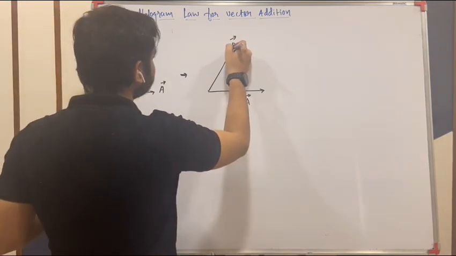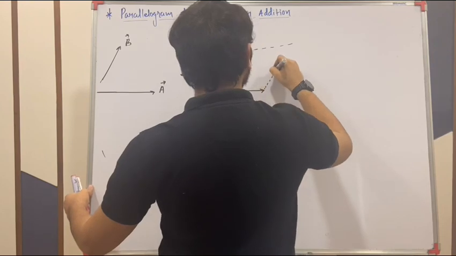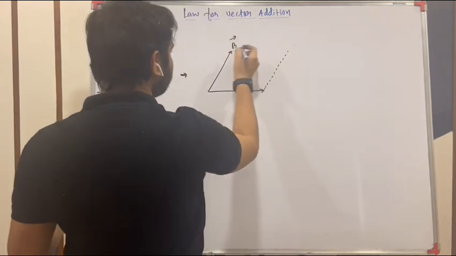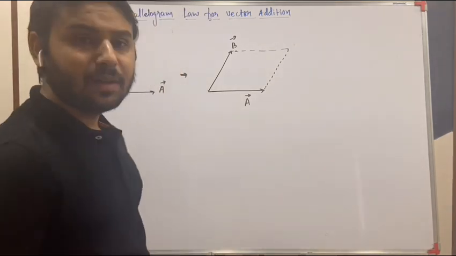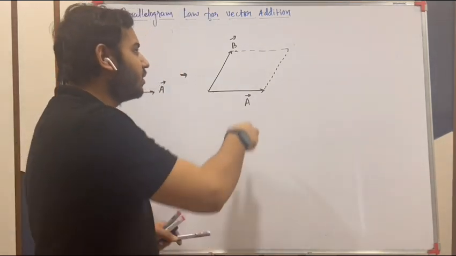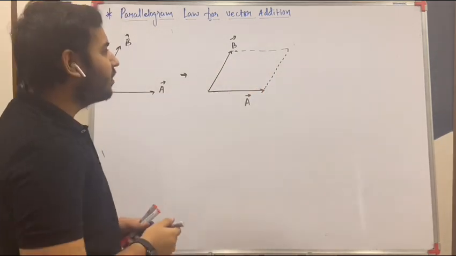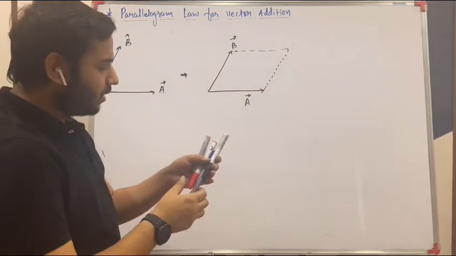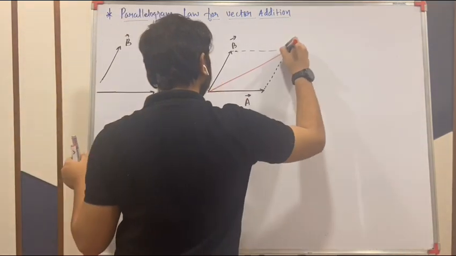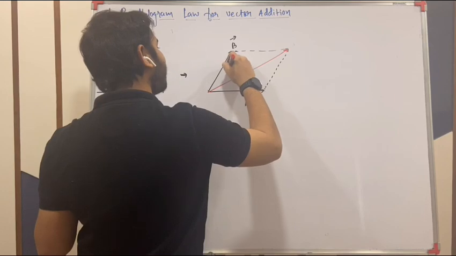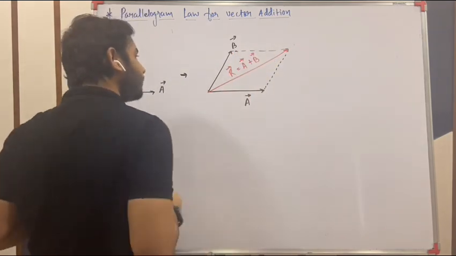Now draw a parallelogram, a line parallel to B, and this is exactly parallel to A. In a parallelogram, you must know the opposite sides have equal magnitudes and are parallel to each other. If I join these two, this will be R equals A plus B.